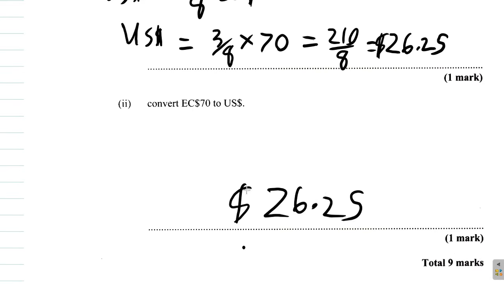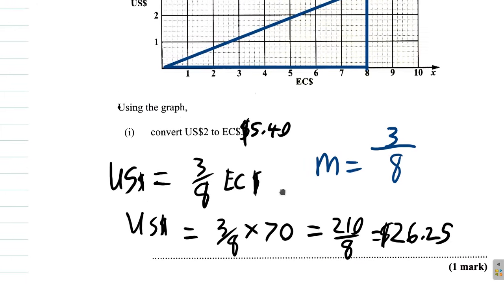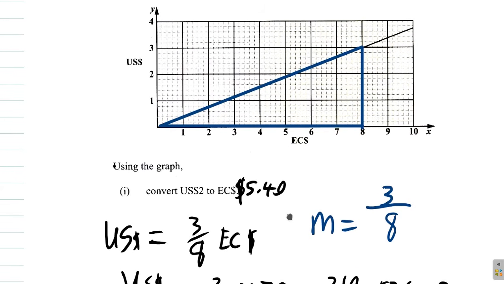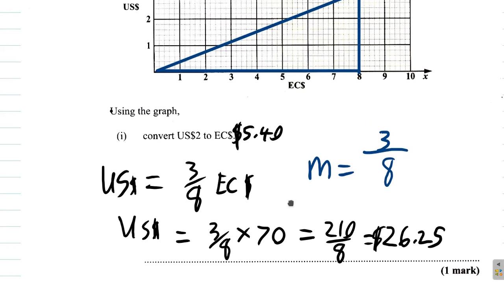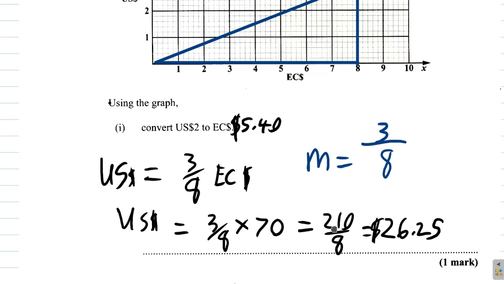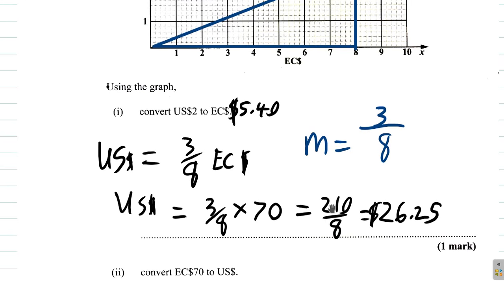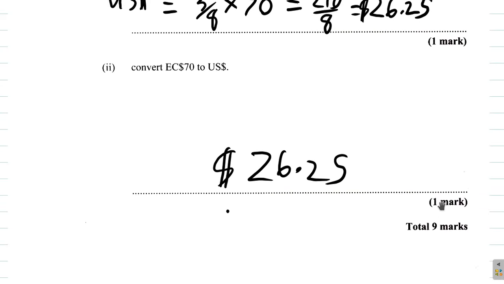Of course, this is the space where you work it out on the paper, but we wanted to see the graph and work it out at the same time. So it's $26.25 US. That is the end of question 1, total 9 marks. We move on to question 2 next time.